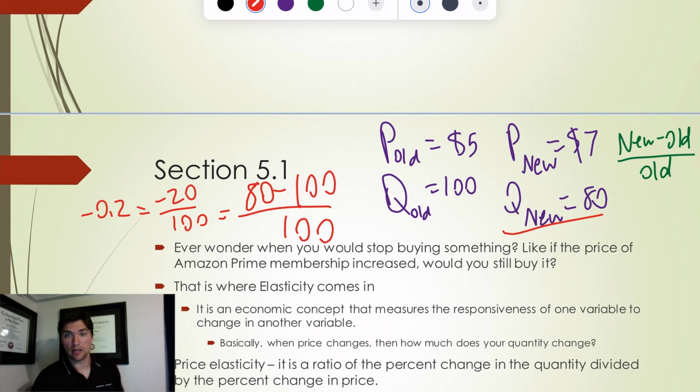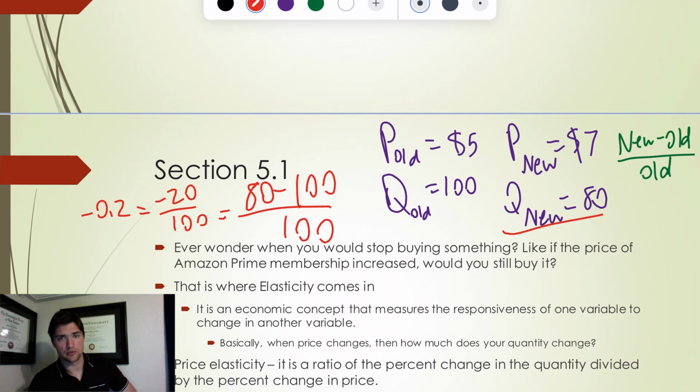Sometimes the percent really helps us compare how much it changed, because gallons of gasoline and pounds of apples are two different measurements. But if we look at the percent change, we can understand how much it changed.